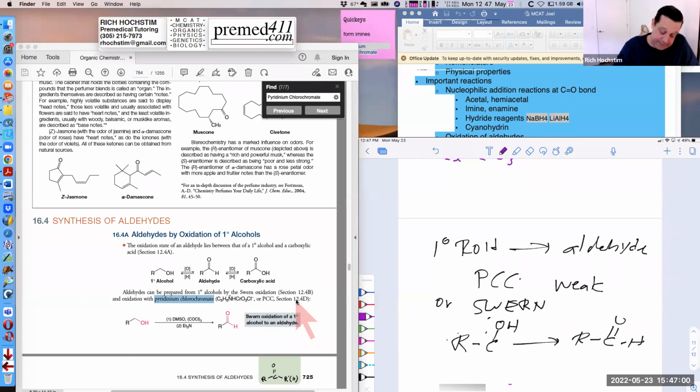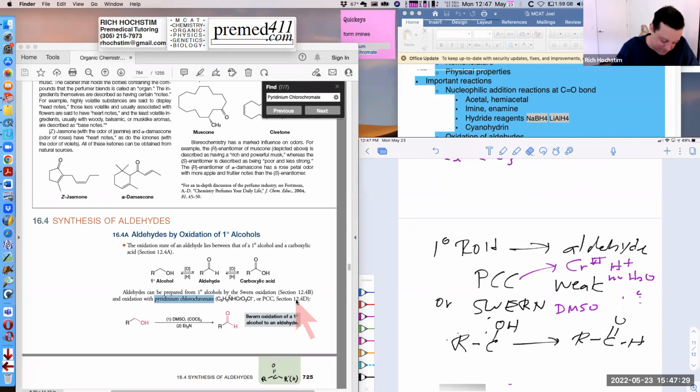And so this is going to be Cr6 and H+, no water. And then Swern, which isn't used as frequently, is going to be DMSO. And then also, they have the other one in brackets. Oxalyl chloride, that's what it's called.